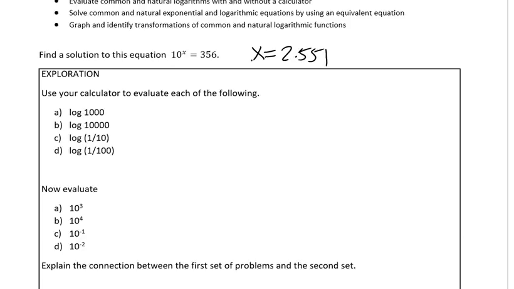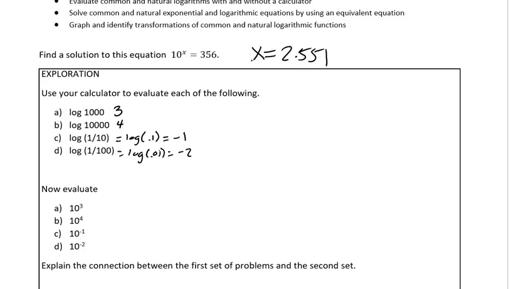Well, what we're going to learn today is going to give us a way to solve those types of problems. If you did this other exploration, when you typed these into your calculator, you got 3, you got 4, you got -1, this is the log of 0.1 by the way, and this is the log of 0.01, and you would have gotten -2.